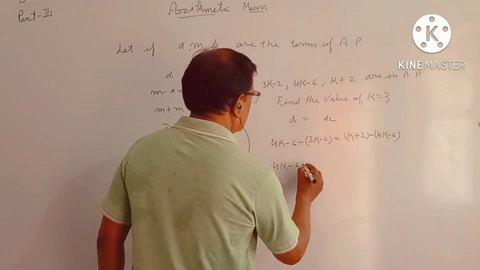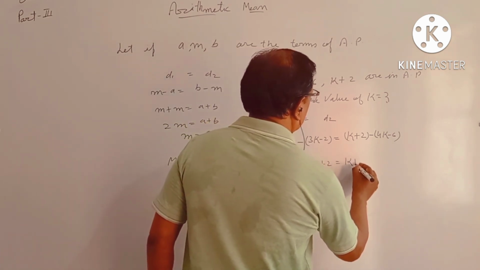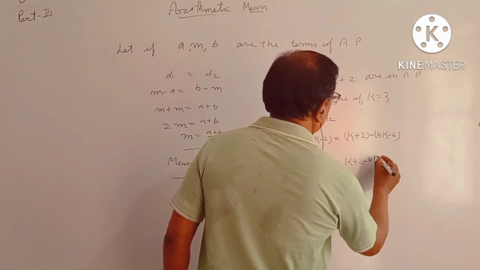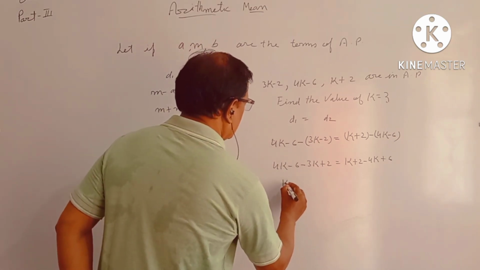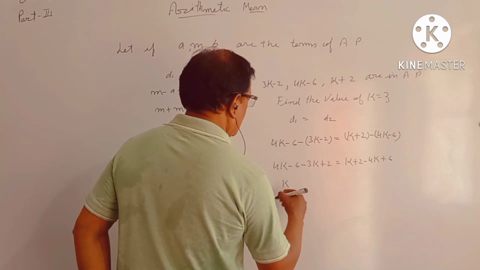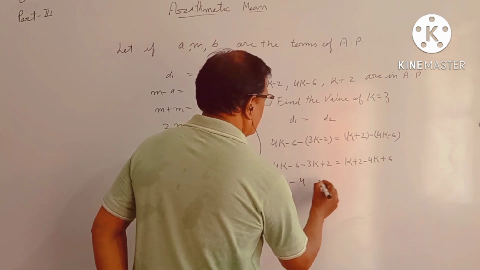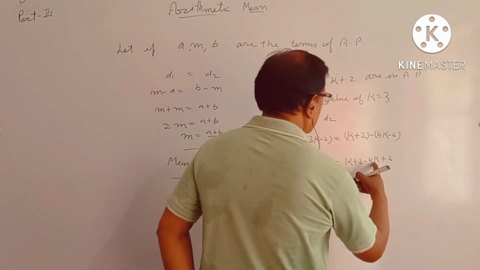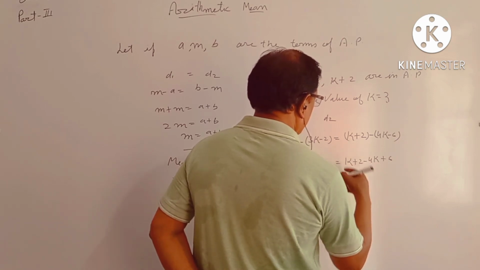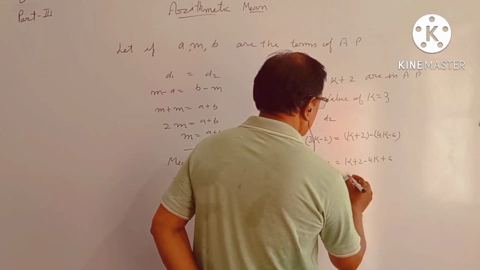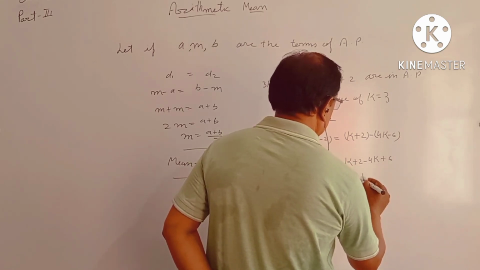So 4k minus 6 minus 3k plus 2 equals k plus 2 minus 4k plus 6. As we solve here, 4k minus 3k is k, 6 is negative and 2 is positive, so here it will be k minus 4. On the other side, 4k has the greater value, negative, so it will be minus 3k, and 2 plus 6 is 8.